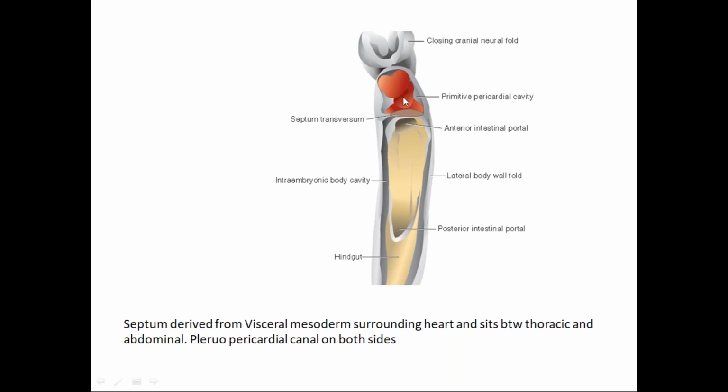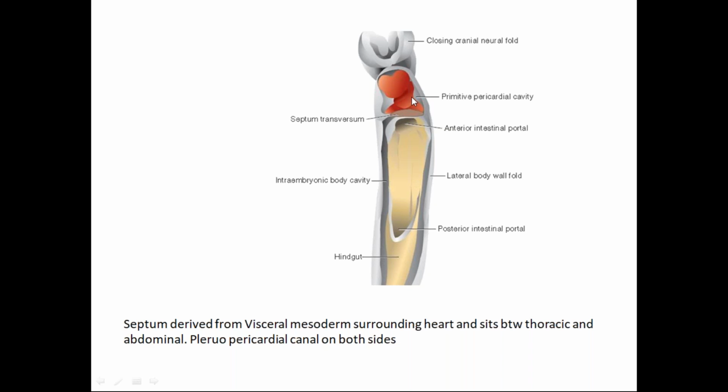But just below this, there are migrations of myoblasts, which are forming in the ventral mesentery some cells called the septum transversum, and the heart actually sits on the septum transversum. Just below the septum transversum is the liver.